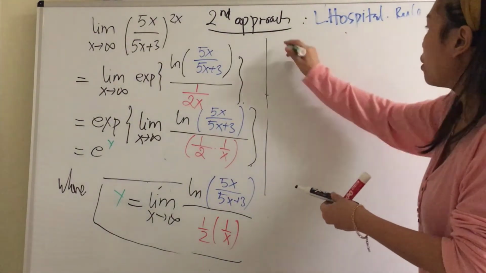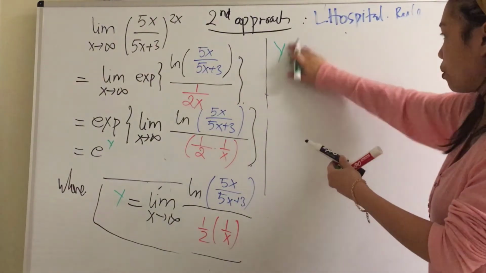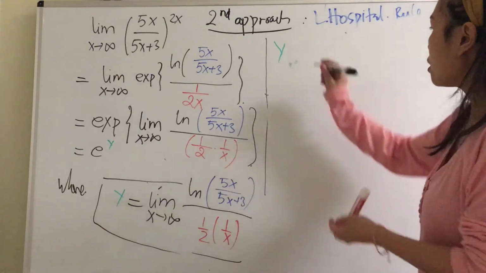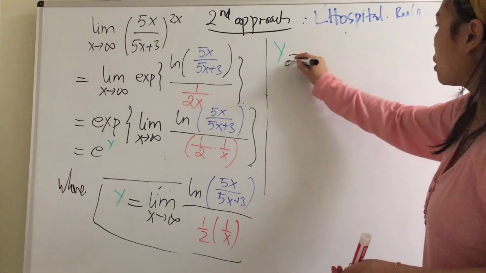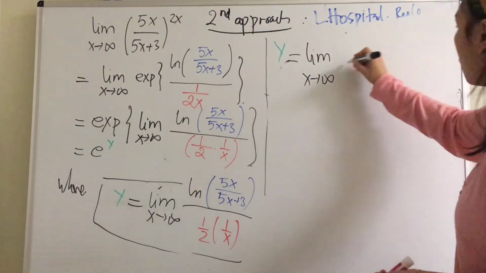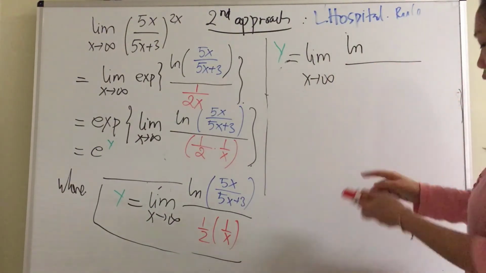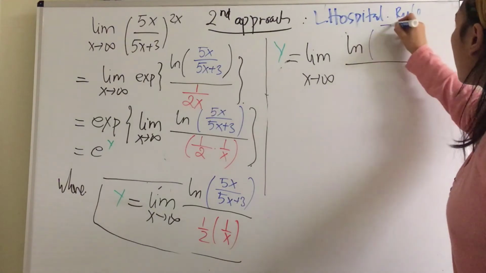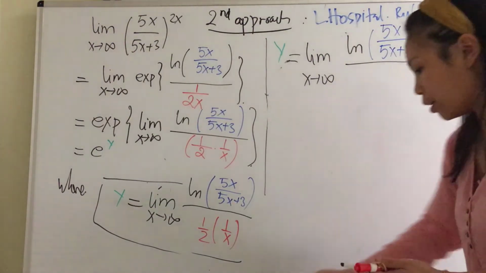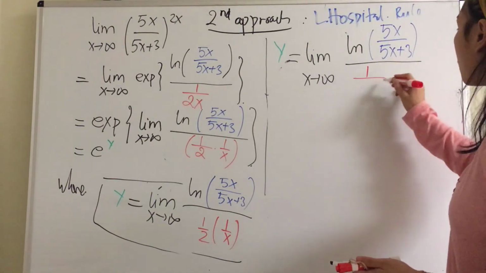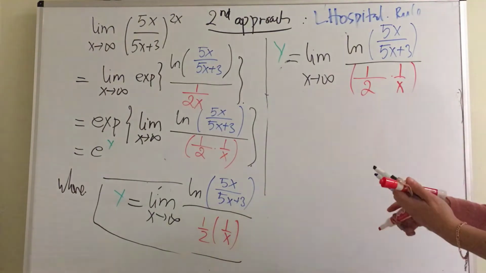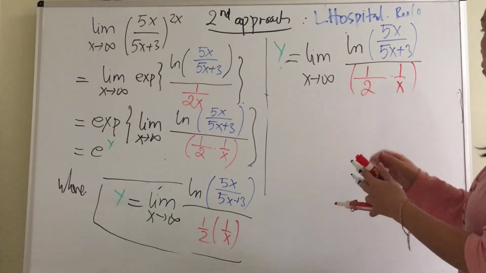Here we have what? y is equal to the limit as x approaches infinity of natural log of 5x over 5x plus 3 over 1 over 2 times 1 over x. Right. Now we use the L'Hopital rule for this function.